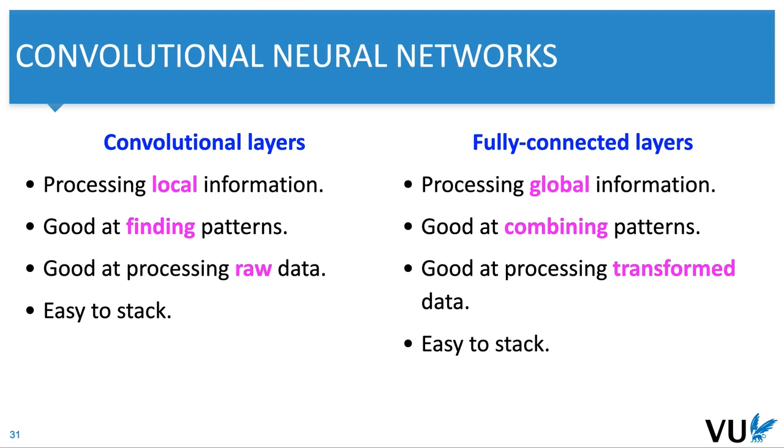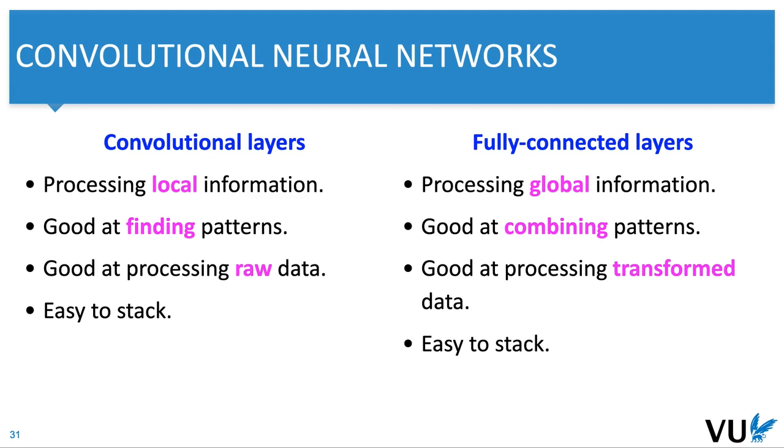Once we provide patterns to a fully connected network, it should be able to figure out which patterns to use to classify my image. And I would say that convolutional layers are good at processing raw data, while fully connected layers are rather good at processing already transformed data.